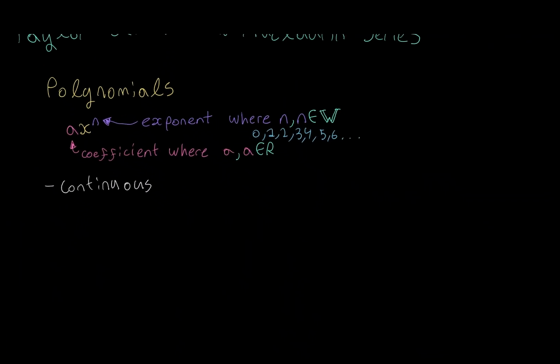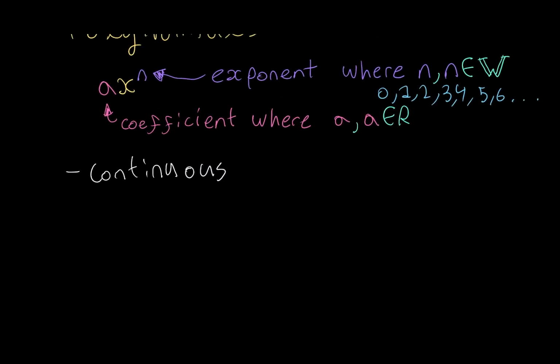Another big aspect of polynomials is that they're eliminable. You can eliminate them. So what does this mean? This means that if you take the derivative of them, you can effectively remove them from a function.